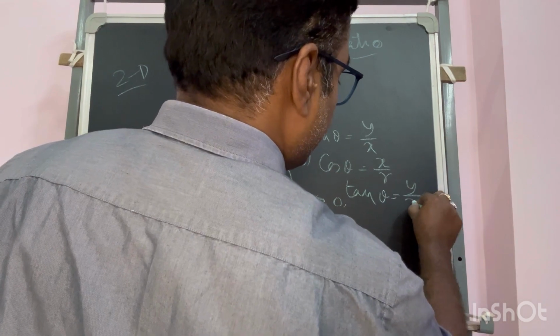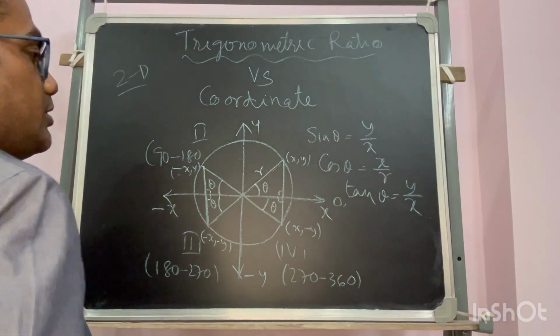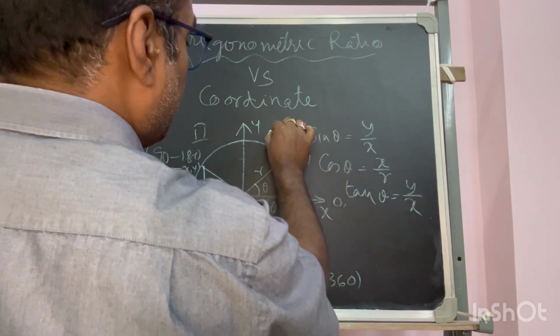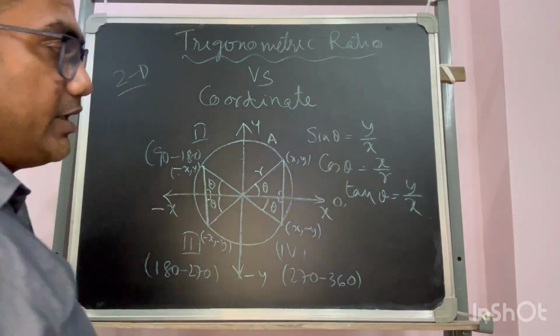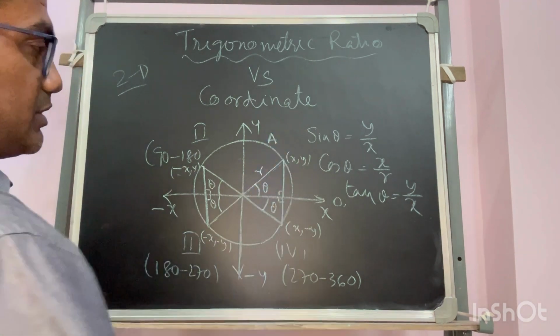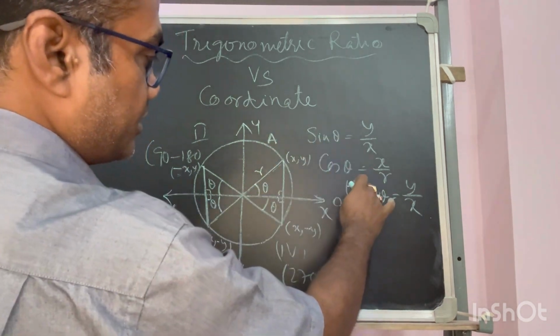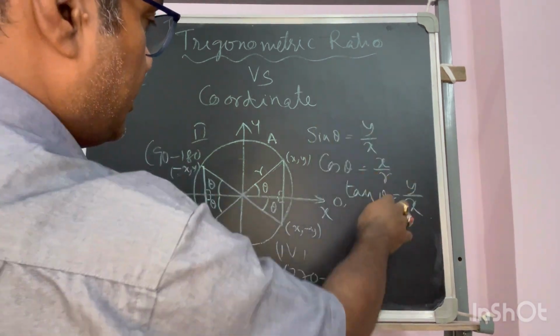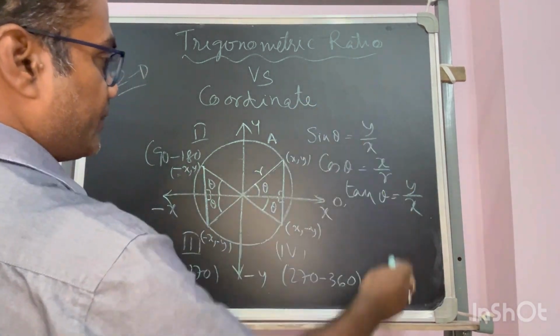So now you can see every ratio in this first coordinate is positive because x and y both are positive. So we can write it as a, that means all are positive. Because these direct ratios are positive, the reciprocals obviously are also positive. So I am not writing that. I am concentrating on the first three ratios.